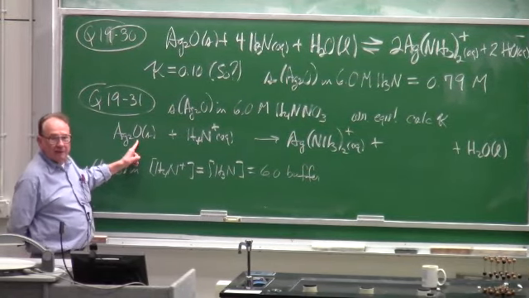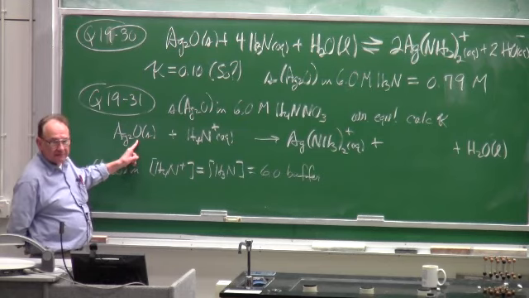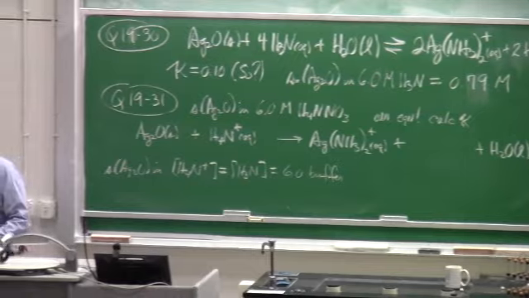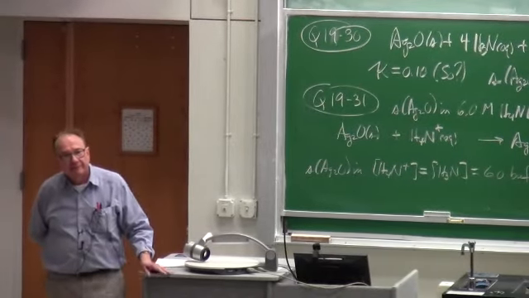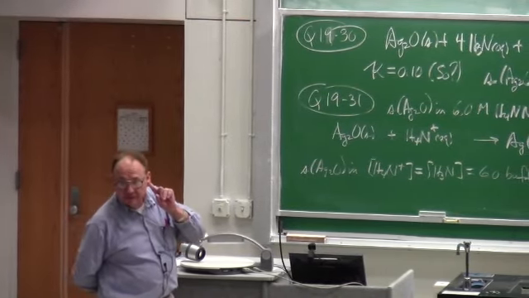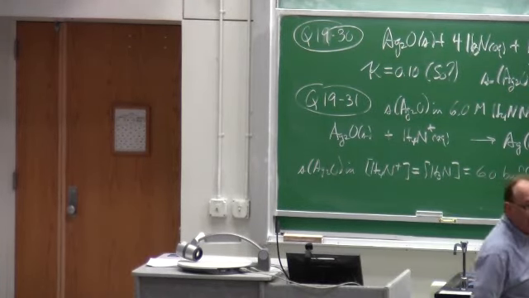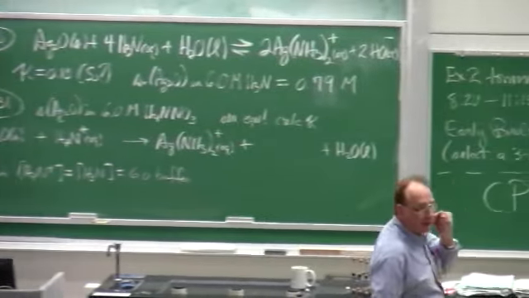So regardless of how much ammonium ion you put in the pot, per mole of silver oxide, how many moles of ammonia can you make?